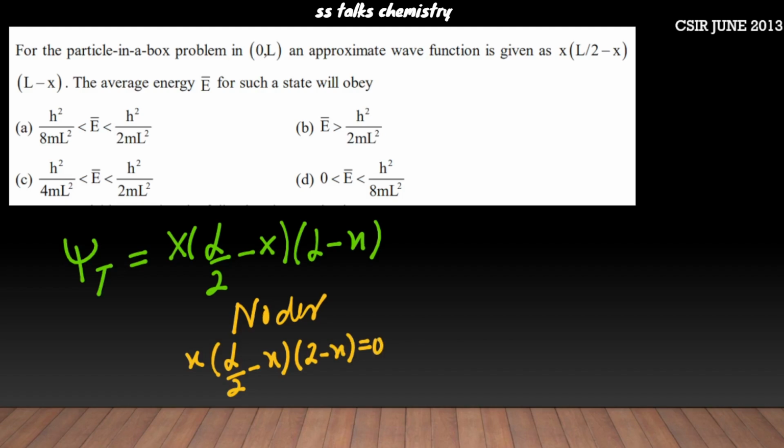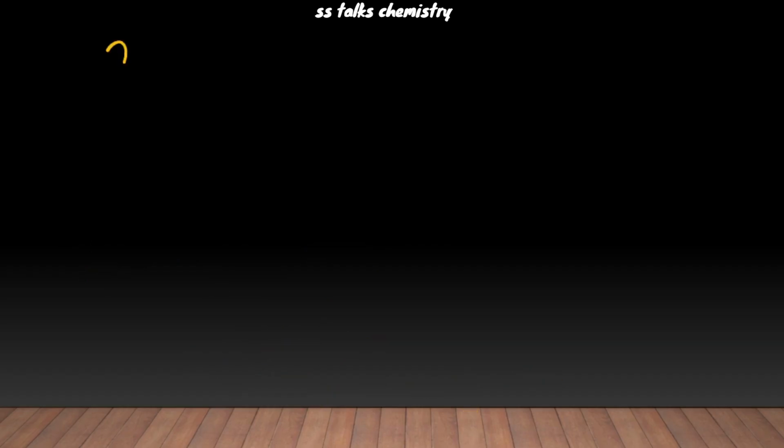So from this we get x is equal to 0, or x is equal to L by 2, and x is equal to L. So these three values of x we have got. In these three conditions, the wave function value will be 0, right?